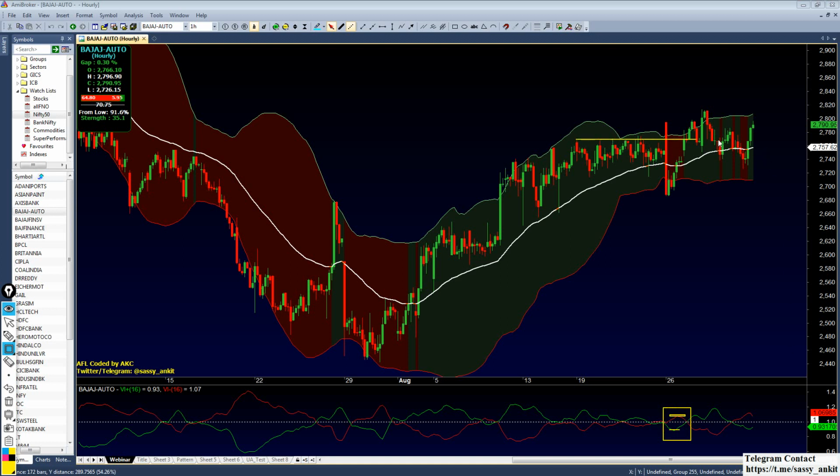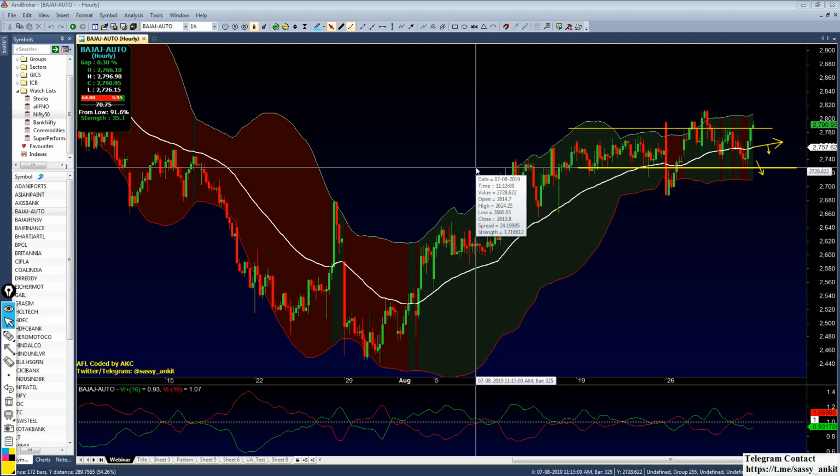We need to wait for this level to get broken, or on the higher side we may take this as the zone. If this gets broken, long will go, but I'll prefer to trade below this, or immediately as the price comes down and shows me the weakness, I'll trade.